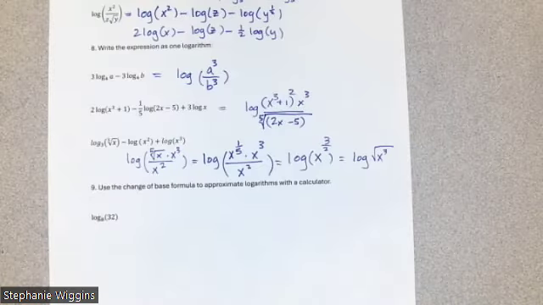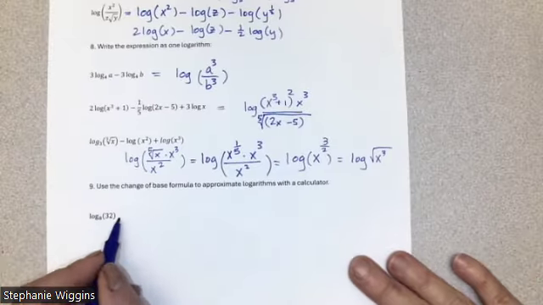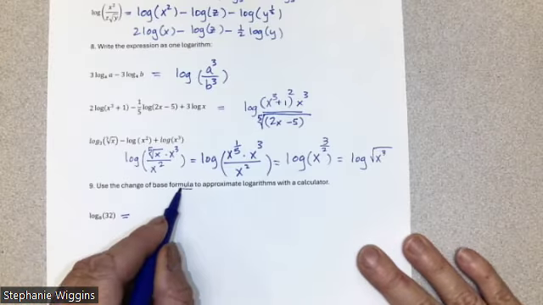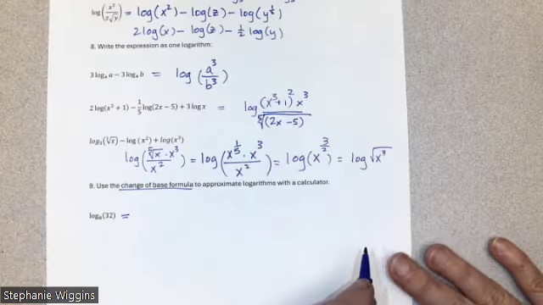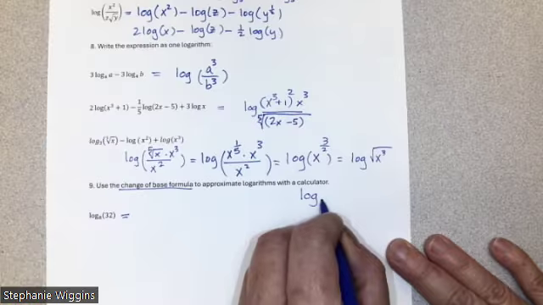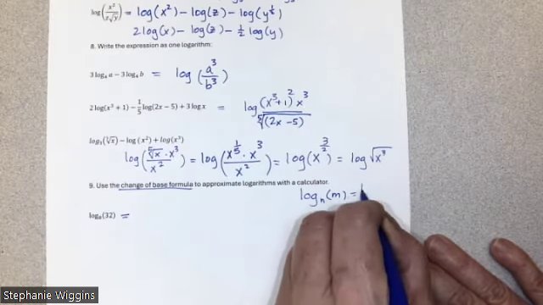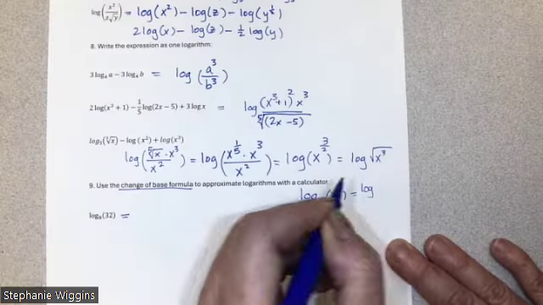Now, I mentioned in a previous video about how you can calculate logarithms on your calculator. Here we have log base 8 of 32, and you're going to use the change of base formula. That formula just says that if you have log base n of m, that's just log of m over log of n, in any base.